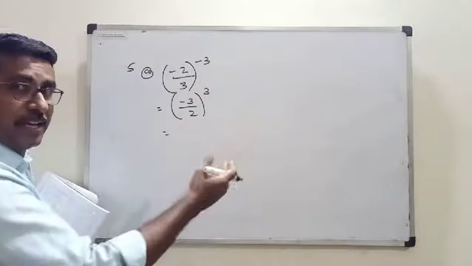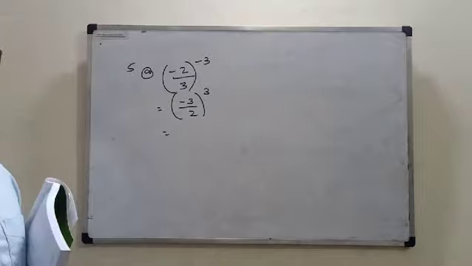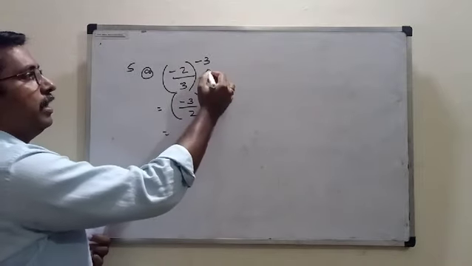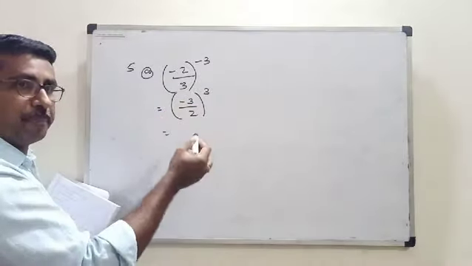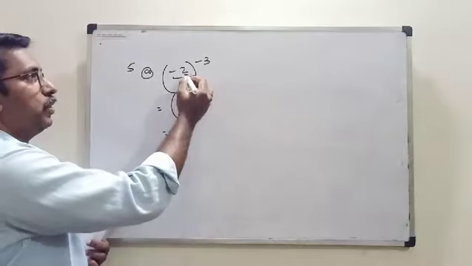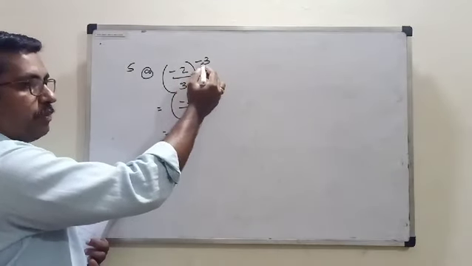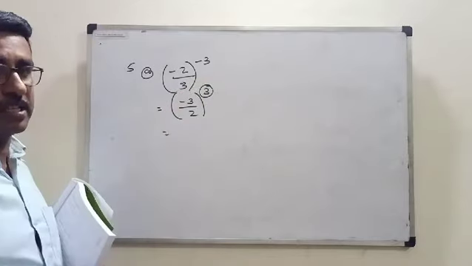Now we have to write in a rational form, as in the form of a rational number. This is what is given here. Exponential form is given. We have to write it in the form of a rational number. So this is not a rational number, it's an exponential number, isn't it? So minus 2 by 3 to the power minus 3, we are converting into positive exponent.